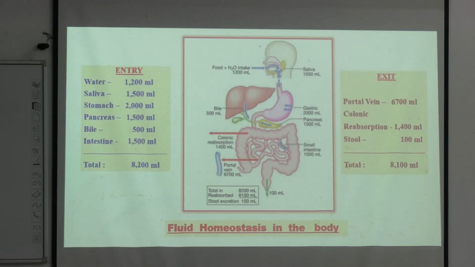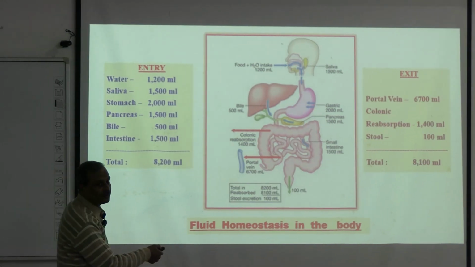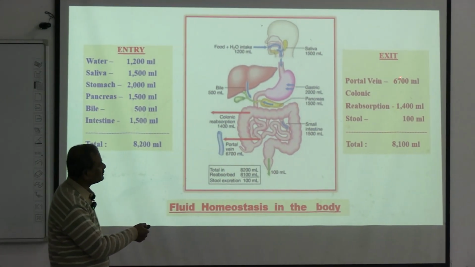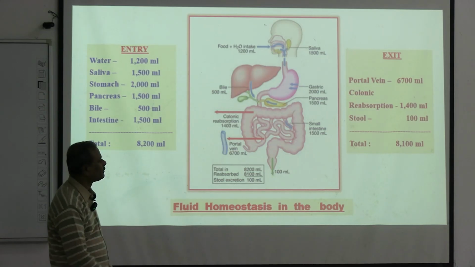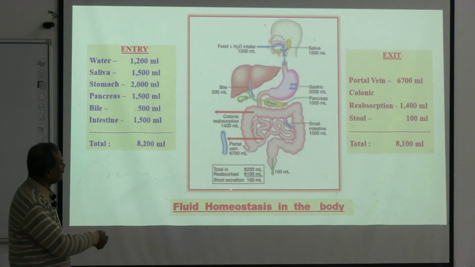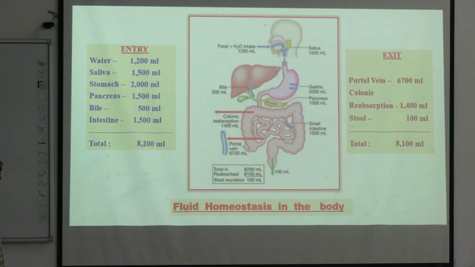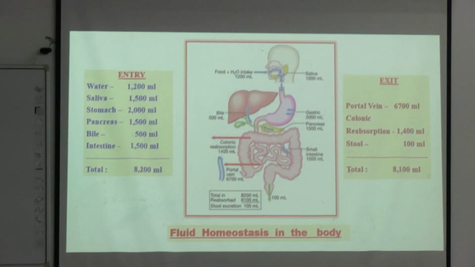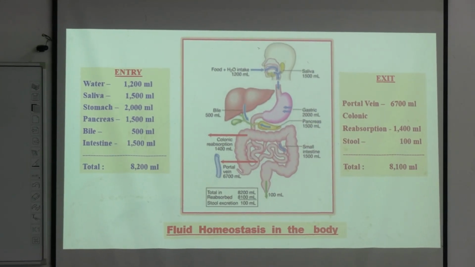So, 8.2 liters of water is entering into the digestive system, and then through the portal vein almost 6700 ml of water is absorbed, and colonic reabsorption is there for 1400 ml, and with the stool we pass 100 ml. So, there is another balance of almost 100 ml.